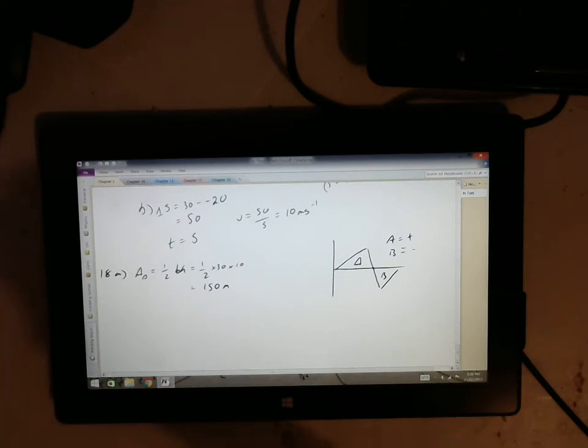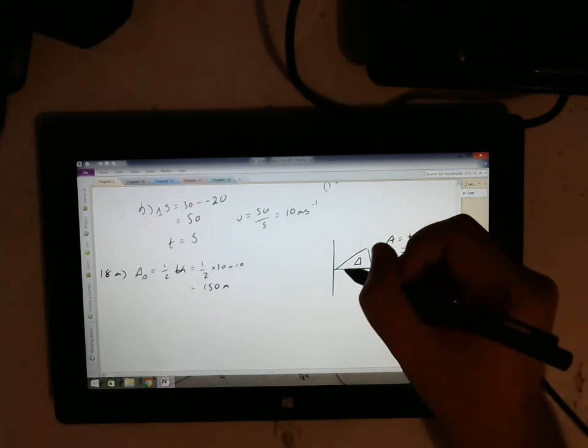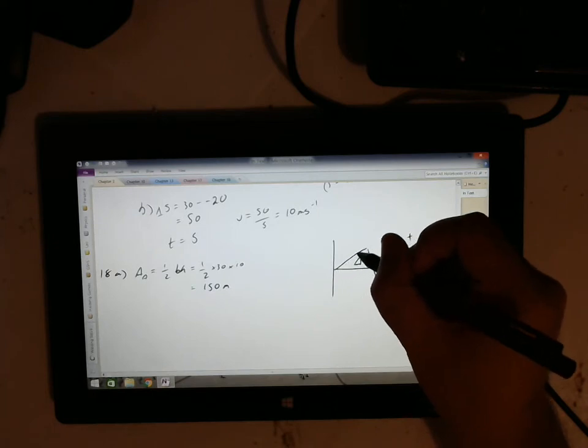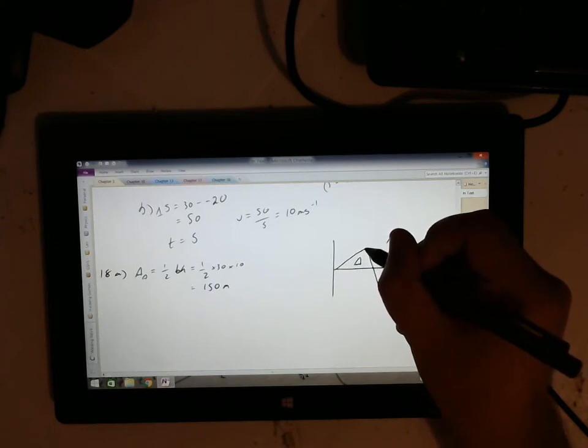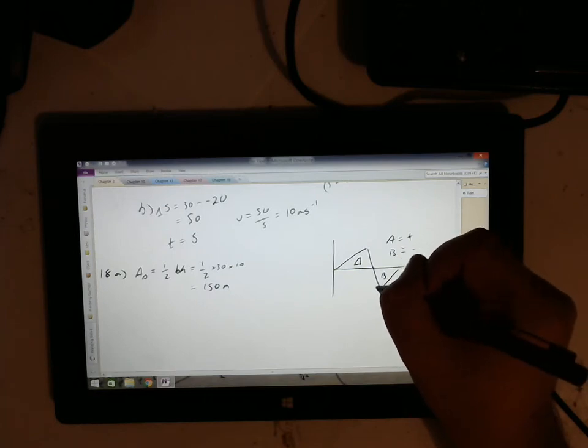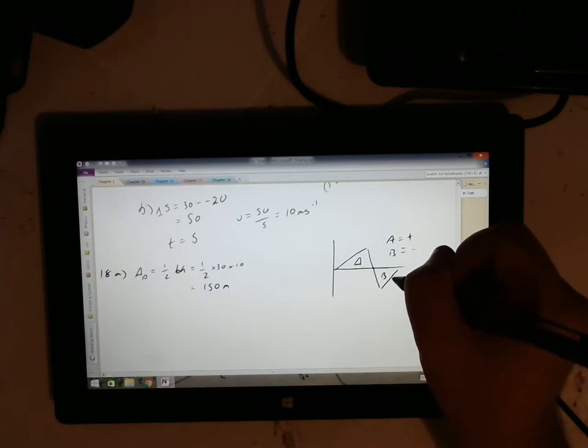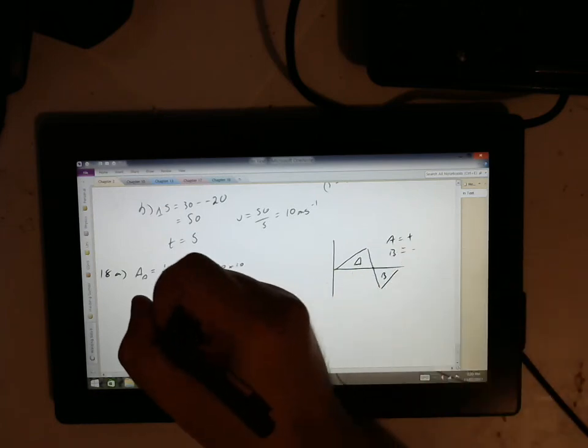So even though the velocity or the acceleration is negative, it's still going forwards in this section here. So yeah, it's speeding up, then it starts to slow down, so even though it's slowing down, it's not actually going backwards. Here it's starting to go backwards, so that's still going to be a positive area.